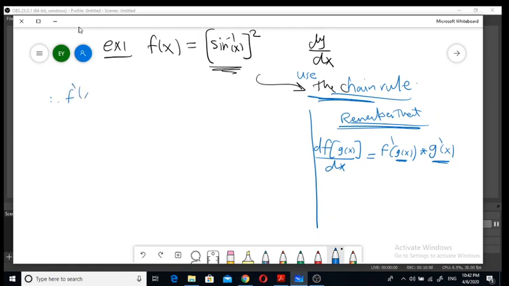Then f prime of x, according to this rule, so we are going to apply the chain rule. So it will be 2 times the same function all to the power 2 minus 1, which is 1, times the first derivative of the inside function, which is sine inverse of x.